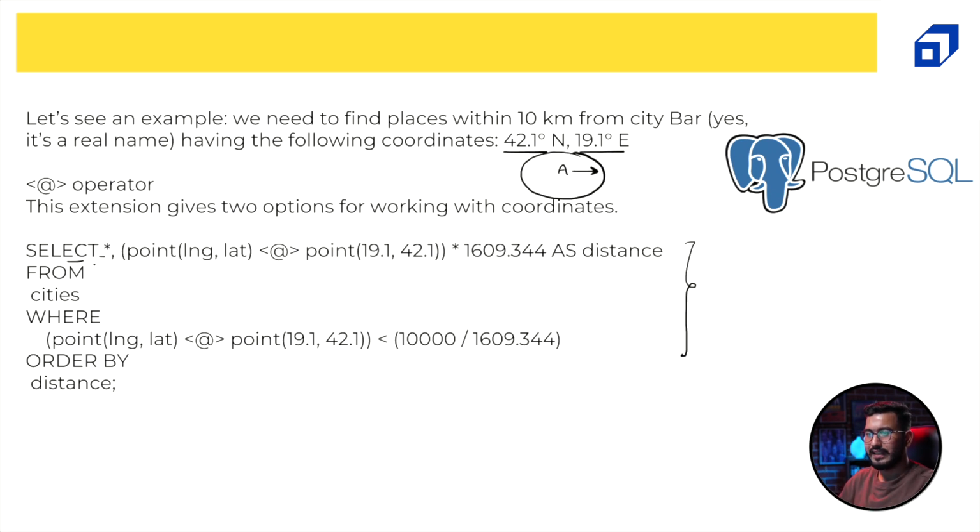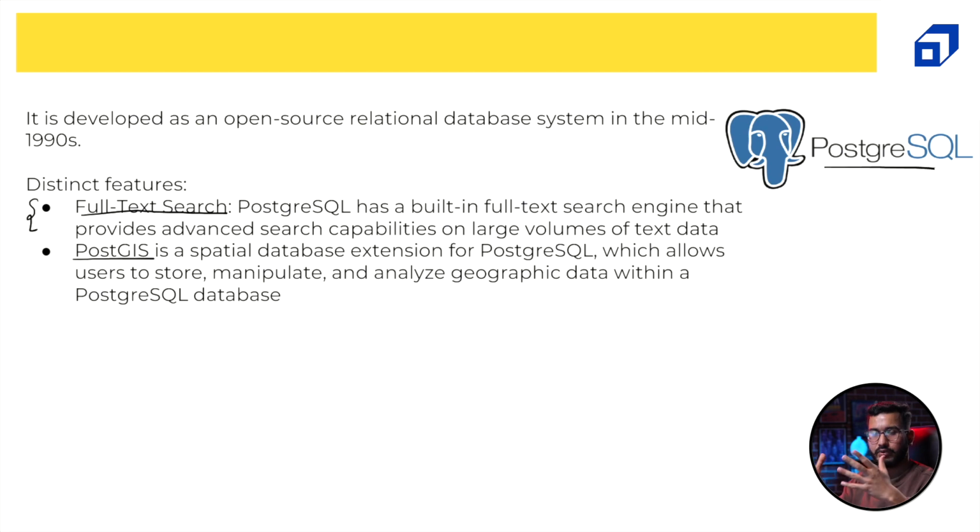SELECT asterisk, and this is the point of a particular place, let's say B. This is my A. Here we are calculating the distance, and then we have written a condition where the distance is less than 10 kilometers. So you can see that with the introduction of PostgreSQL, these two tasks became very easy for users to perform.